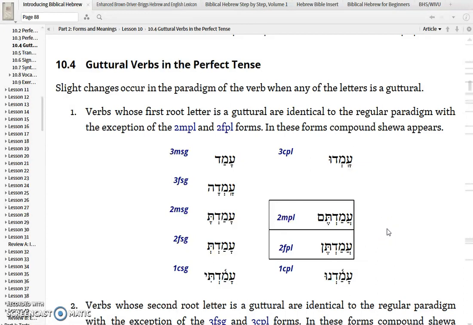Ayin likes an A vowel, so we get a hataf patah in the second masculine plural, and also in the second feminine plural. Either you all, and Southern works good for this, y'all stood, or y'all ladies stood. It would be one way of translating that into Southern English.